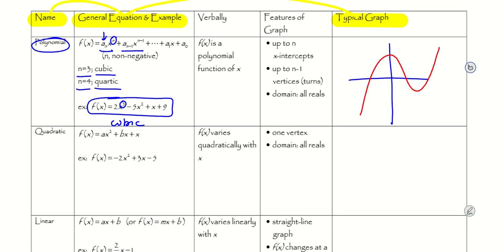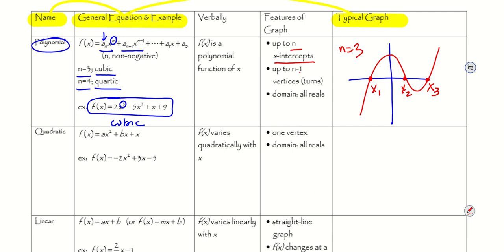We'll take this sideways S-shaped curve, where a cubic or any polynomial function will have up to n x-intercepts. So for this, n is 3, and you can see that this graph has 3 x-intercepts.